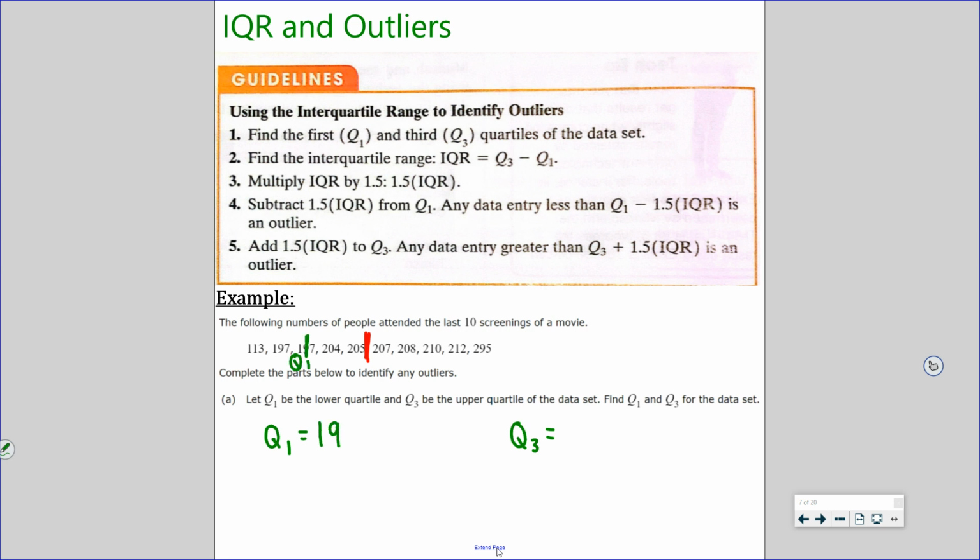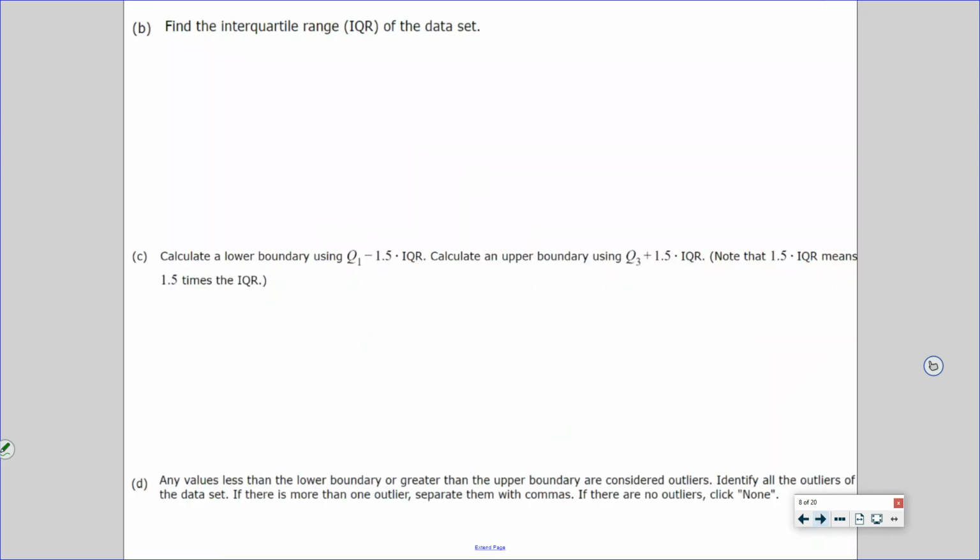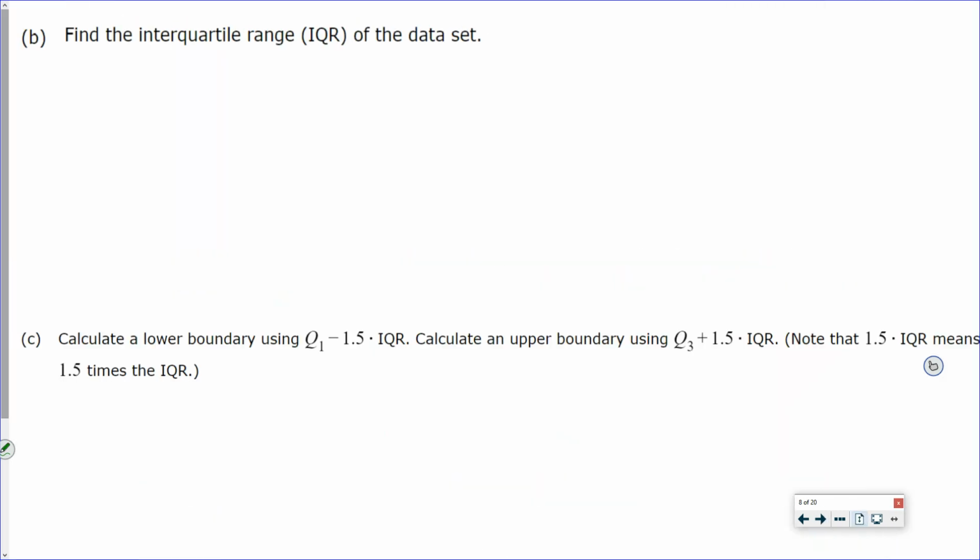Okay, I got 197 for Q1 and 210 for Q3. Median would be 206, just the same as Q2. All right, next step says go ahead and calculate the interquartile range.